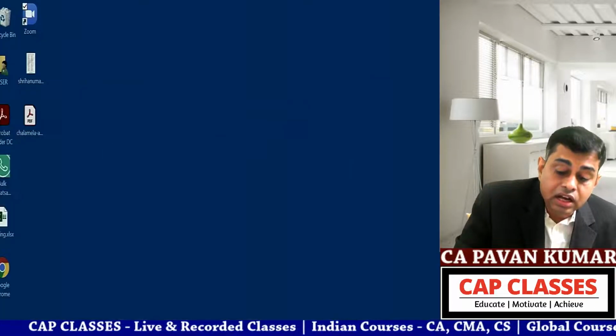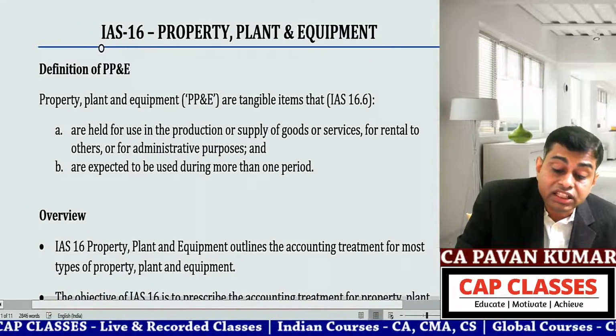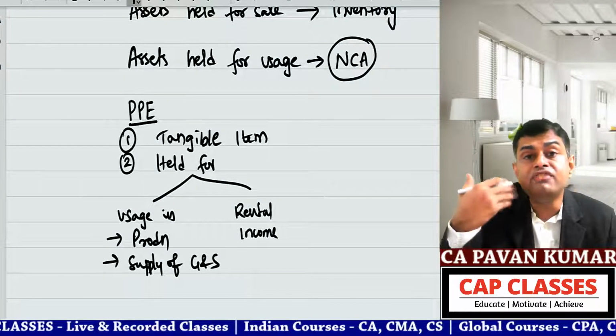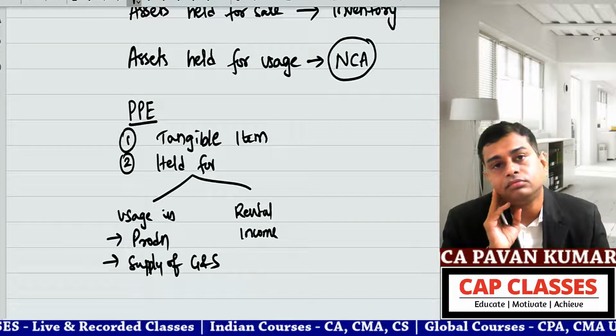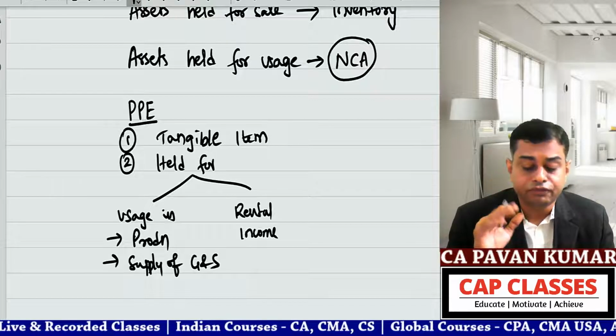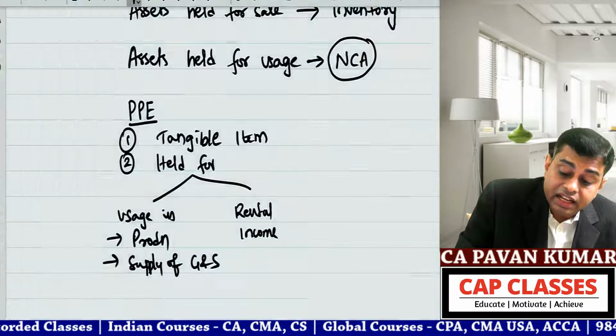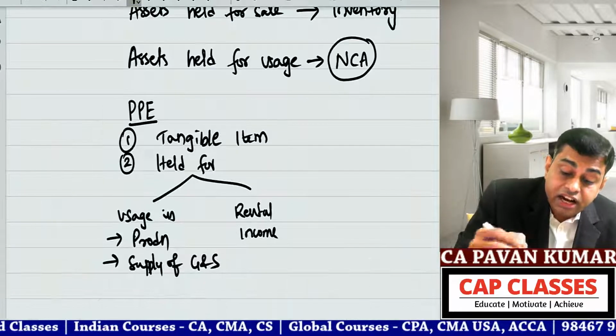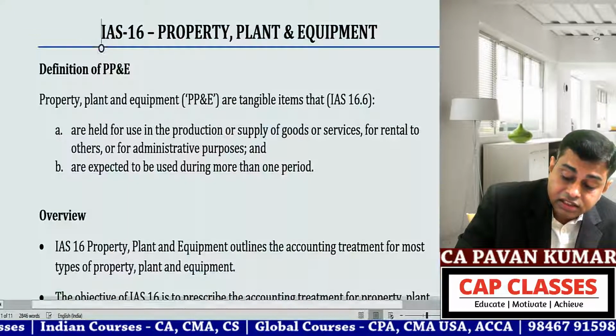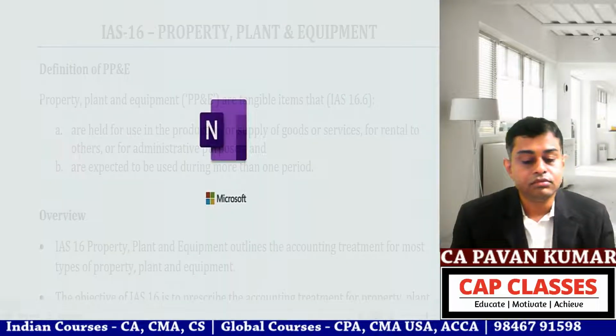So you are thinking of giving this on rent, to others. Okay, for renting purpose. This is the second category. The third category is administrative purpose.